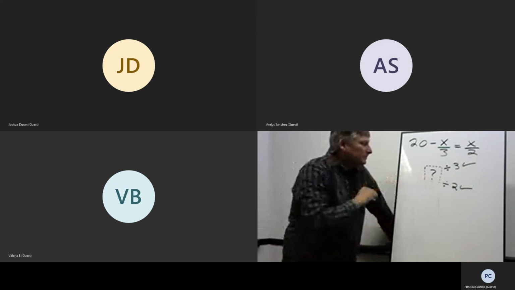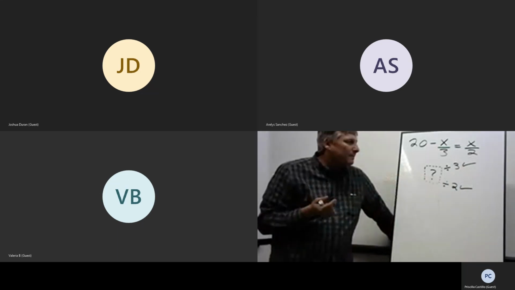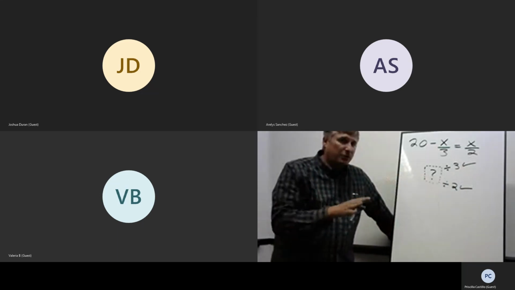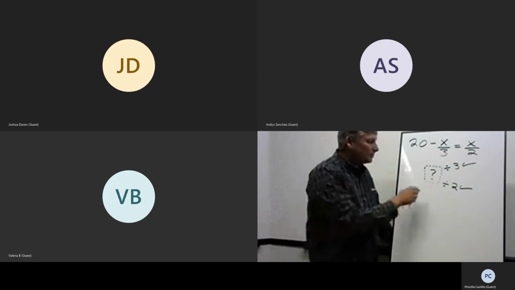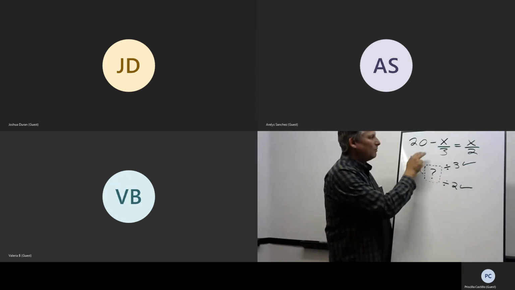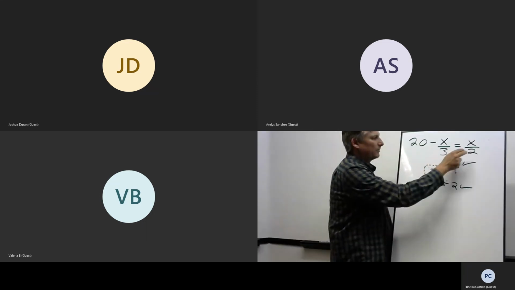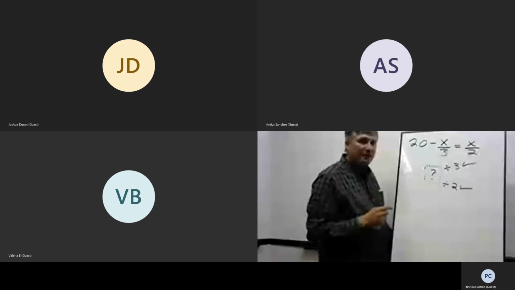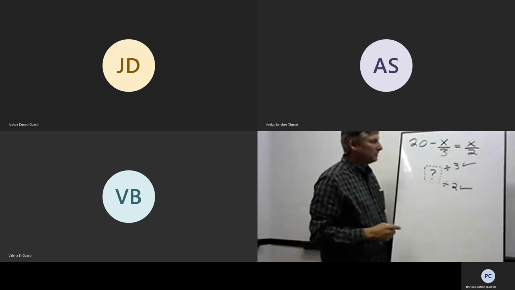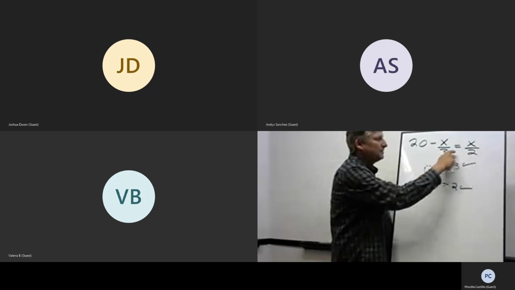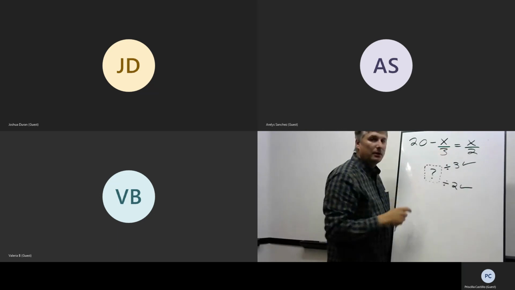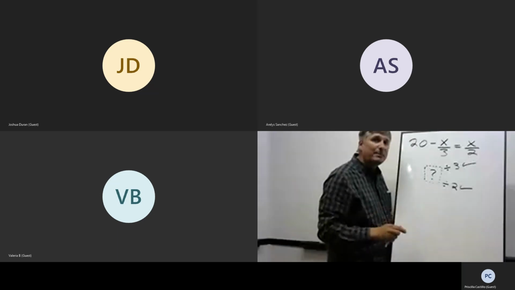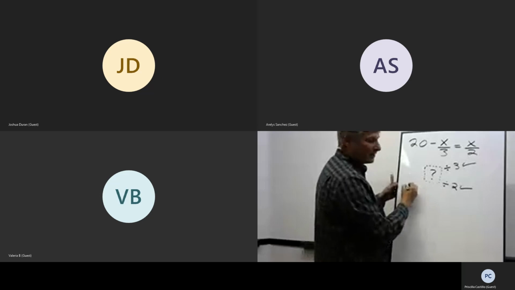And this number, we can figure it out. It's going to do a lot of good. And I'll show you what we're going to do. Once we come up with this number, we'll multiply each term by that number. And the result will cause these denominators to go away. We want to eliminate the denominators.